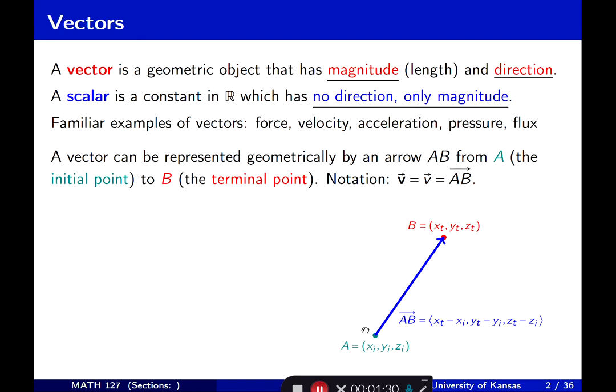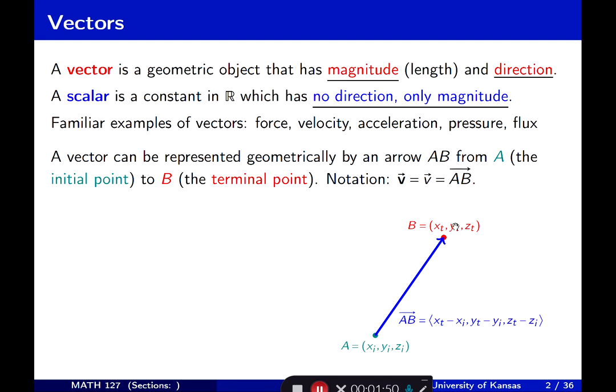We refer to this vector as AB with an arrow on top, or as vector v, and that arrow on top shows that it's a vector.